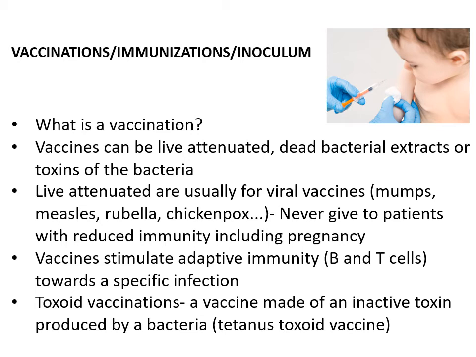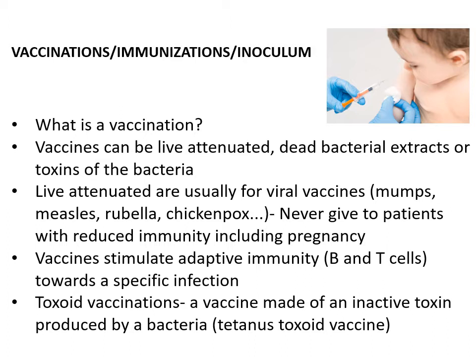Okay, let's just talk about vaccinations, which is the same as immunizations, right? So, what is a vaccination? Well, the vaccination is intended to stimulate an adaptive immune response and have long-term memory.